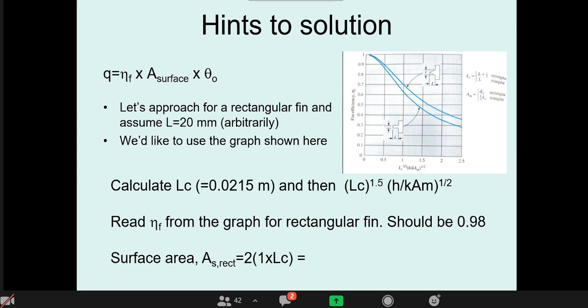And then obviously, in order to find out the efficiency, you need to carry on all these things. Here you can see, to do this you don't need any temperature. Have you seen that? So all of you calculate this: Lc to the power 1.5 times (H over K Am) to the power half.